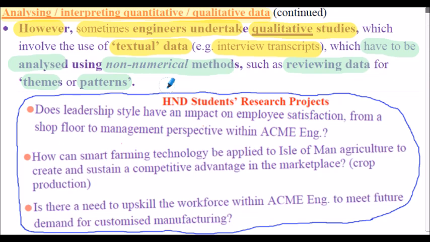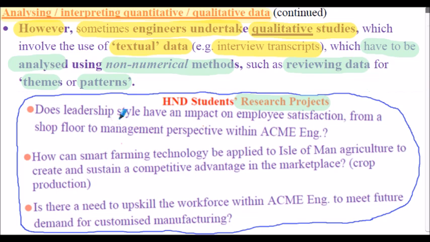As a note of reference, it's quite interesting that former HND students, when choosing their research projects, often prefer to undertake qualitative studies as opposed to quantitative studies, even though their engineering background is more related to collecting quantitative data as opposed to qualitative data.